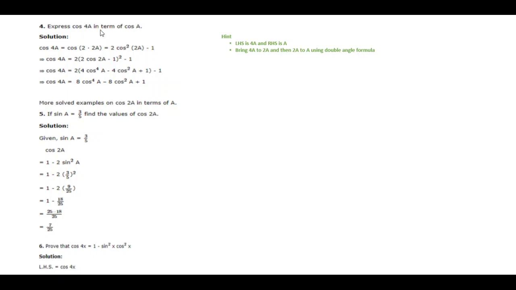So it's not exactly the half, but it has gone further. But in those cases, what you will do is from 4a, you will come to half of it, which is 2a, and then again apply the same formula to come from 2a to a. Like I've written the hint here. So left hand side is 4a and the right hand side is a. So bring the 4a to 2a format, using the double angle formula, and again reapply the double angle on this 2a to bring the right hand side to a and apply the formula.